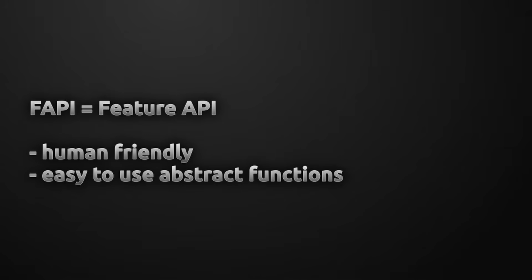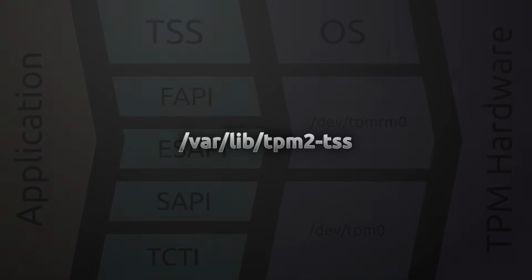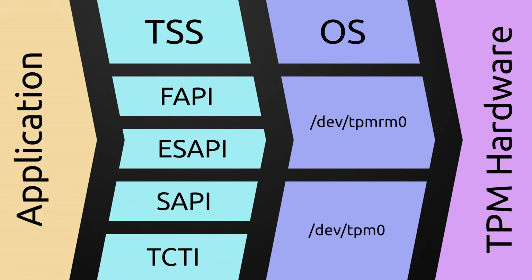FAPI even stores keys and policies in a file system database under /var/lib/tpm2-tss. It's the layer designed for applications rather than TPM experts. Together, those 4, FAPI, ESAPI, SAPI, and TCTI, make up the TSS 2.0 architecture.